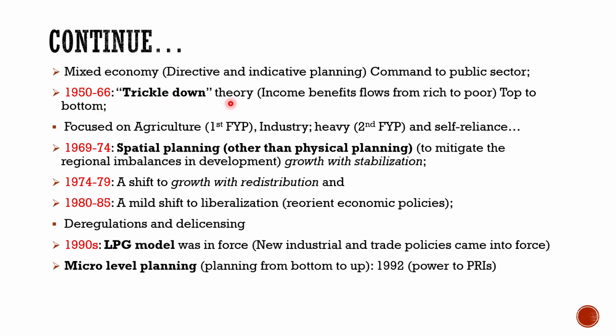What this trickle down theory is actually about, it thinks that income benefits will flow from rich to poor if we do not put so much pressure on rich, because ultimately they will provide employment opportunities in the country. So low taxes on rich would be a good theory, and the benefits will actually flow from top to bottom.